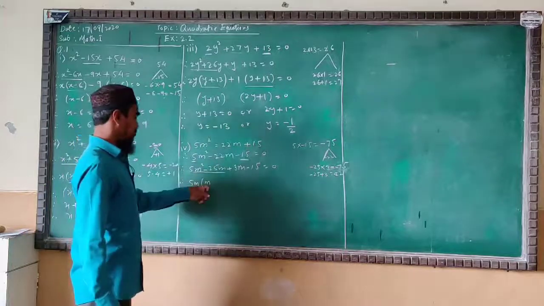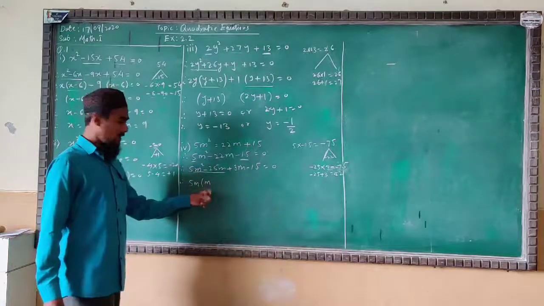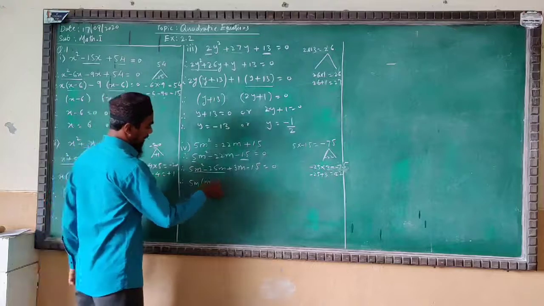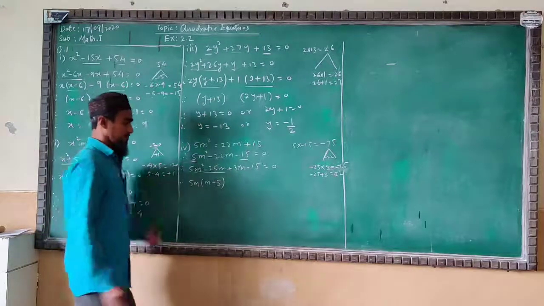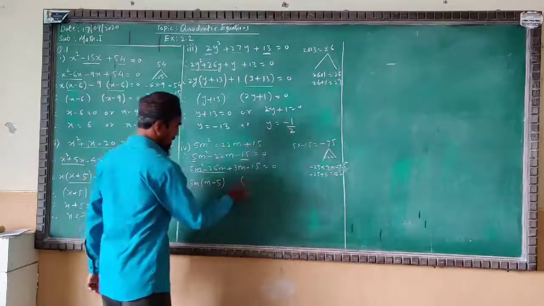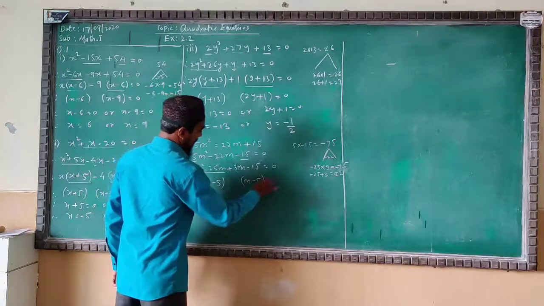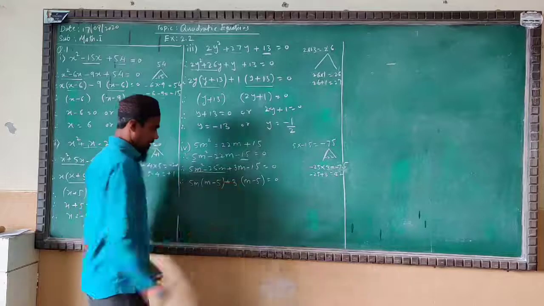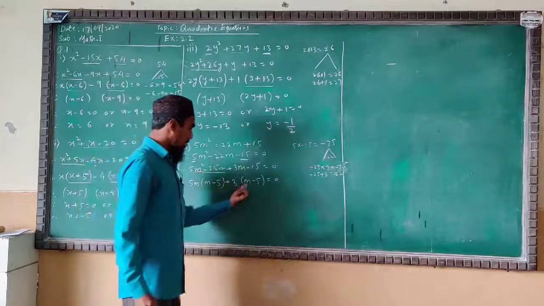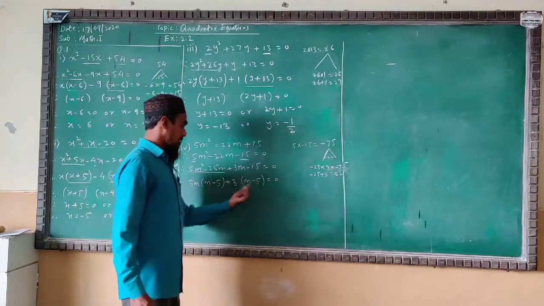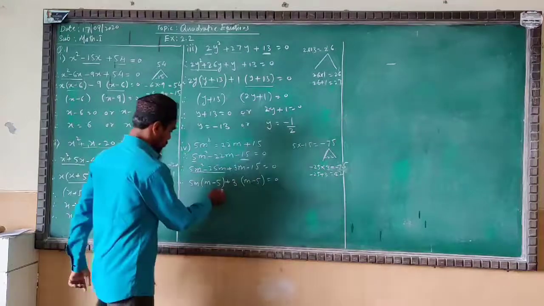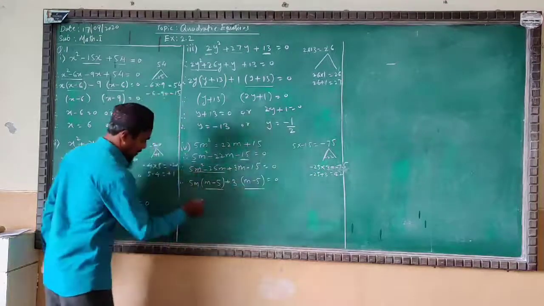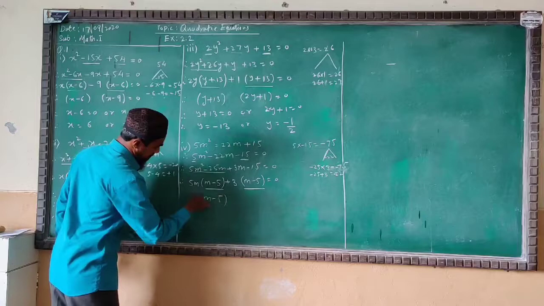M will be there. 5m into m, 5m square. 5 5s are 25m. In the other bracket, we will write m minus 5, repeating according to the last. Here we will take the 3. See, are we correct or not? 3 into m, we will get 3m. 3 5s are 15, plus minus 15, we are correct. So we will take m minus 5 as a common.